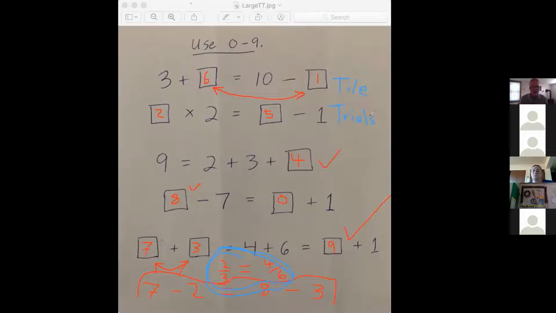A couple other comments I have, and then I'll move on and show you a different tile trials puzzle. I'd like to look at this one. I can erase what Dave wrote in here.